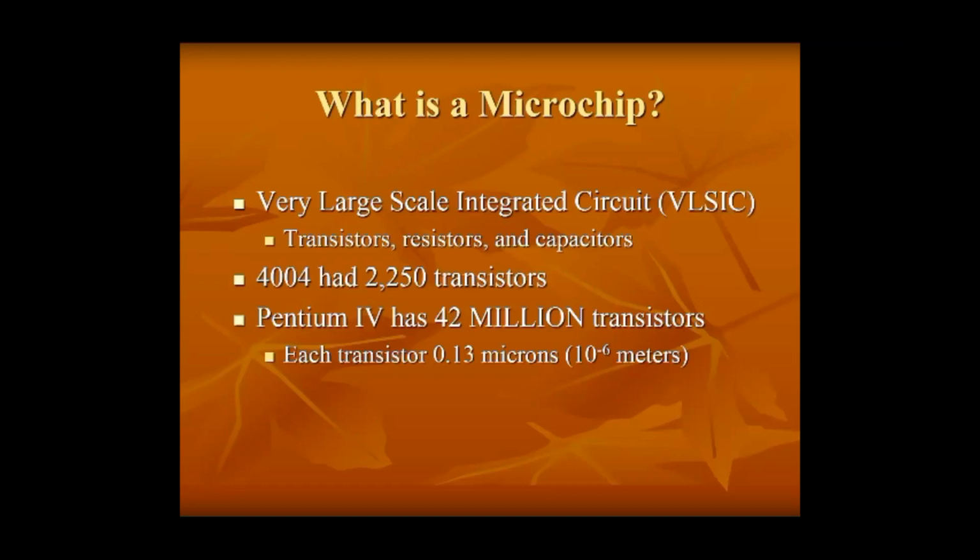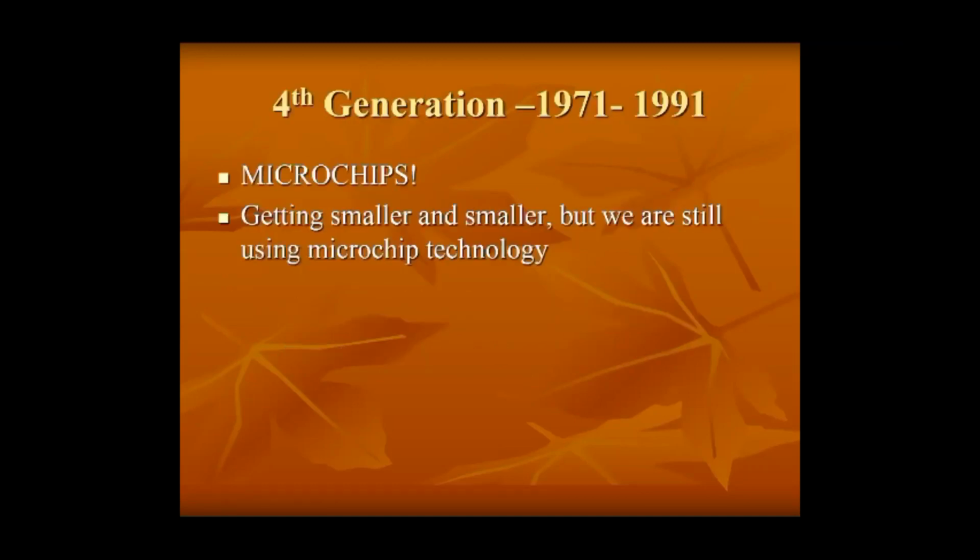Now, the Intel 4004 microprocessor had 2,250 transistors, while the Pentium 4, if you are familiar with the Pentium 4 processor, has 42 million transistors, wherein each transistor is 0.13 microns.